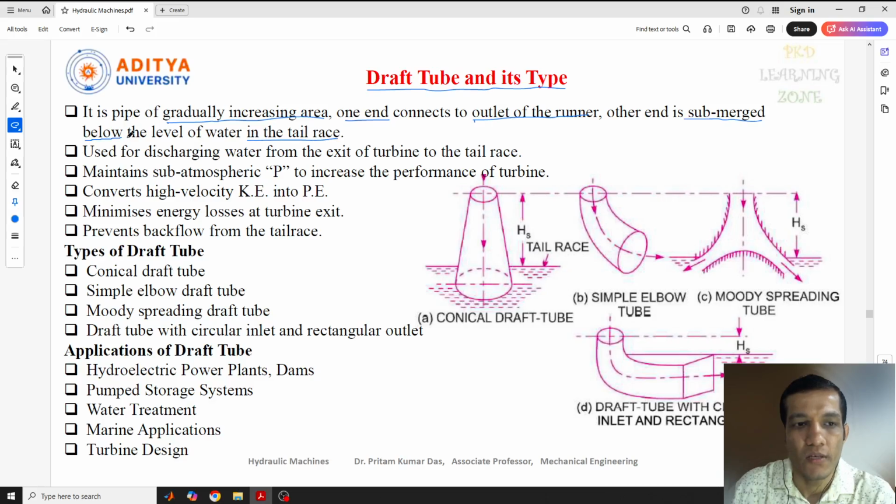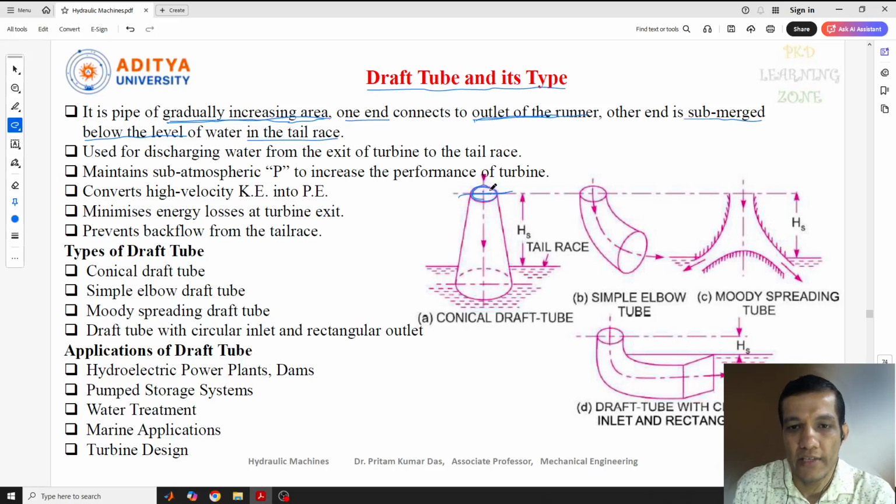We know that any pipe, whatever its shape, has two ends. Suppose I consider any draft tube here: this is one end and this is the other end. One end will be connected to the outlet of the turbine. You can say outlet of the runner or outlet of the turbine.